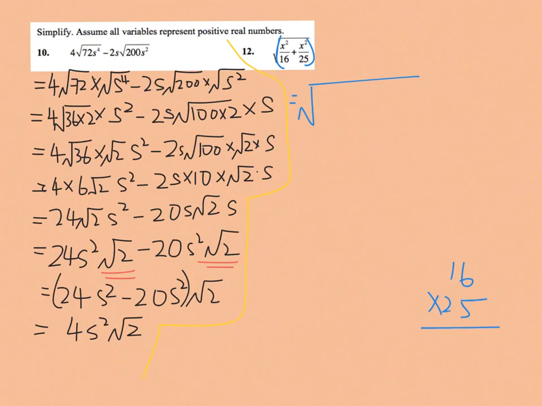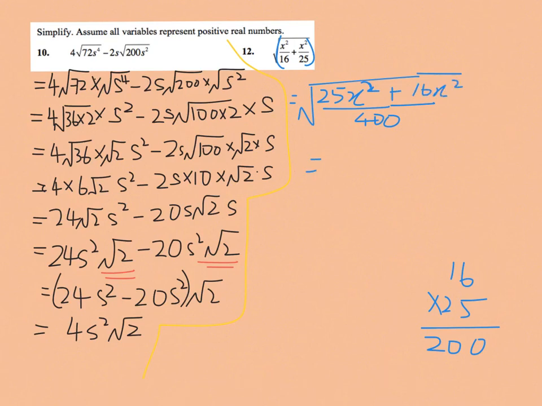A quick calculation, you realize that gives you 400. So 16 will have to multiply by 25 to give you 400. So I'm going to multiply the numerator by 25 to give me 25x squared. And the denominator is also multiplied by 25, so I'll get 400. And the second term, I multiply by 16 to give you 16x squared.